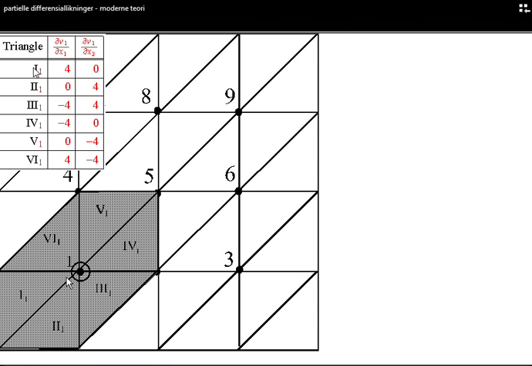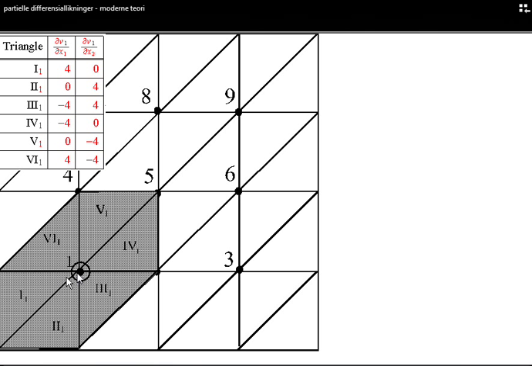So we now make a table for the partial derivative of the first basis function and the other basis function which we are pairing it with. And in the first triangle we note that the partial derivative of V1 with respect to x1 is just 4.